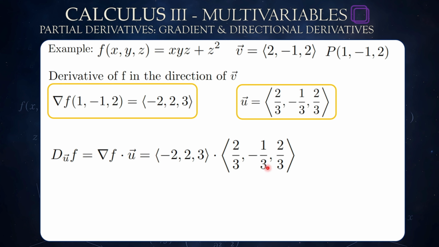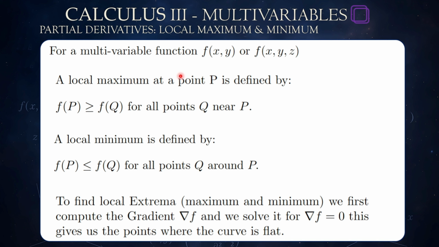Local maximum and minimum. For a multivariable function f(x, y) or f(x, y, z), a local maximum at a point P is defined by f(P) greater than or equal to f(Q) for all points Q near P. Okay, so for all the points that are near P, the value of the function at P is at least equal to f(Q).